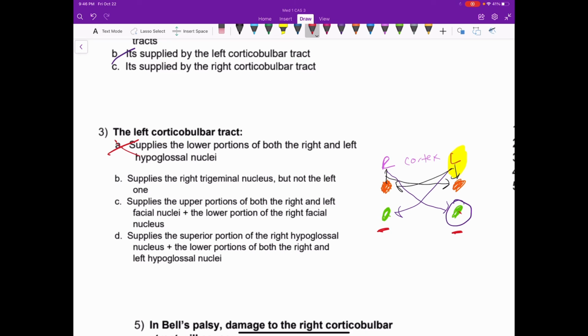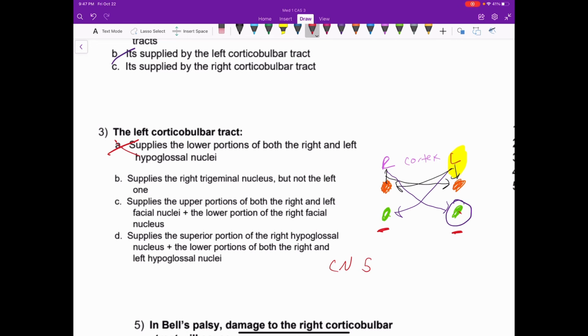Does it supply the right trigeminal nucleus but not the left one? Well, I don't even know what this is talking about, it might. Is that correct? What is this even asking? Think about it. Right trigeminal nucleus. That's cranial nerve what? Cranial nerve 5.